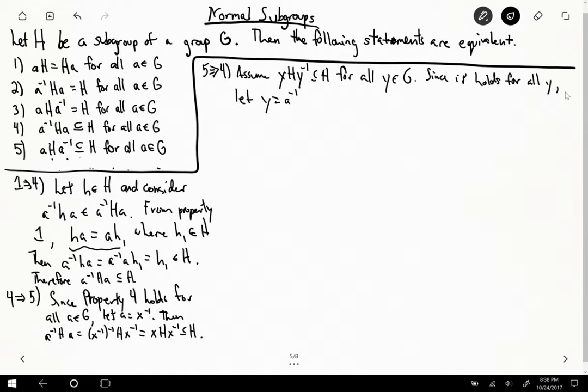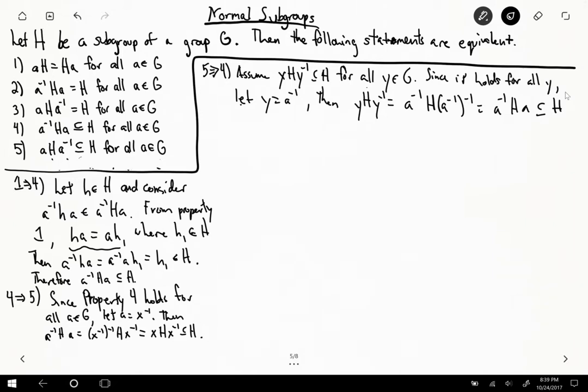Let Y equal A inverse, and then we have Y H Y inverse, and that's the same thing as A inverse H A inverse inverse, which is the same thing as A inverse H A, and we know that this has to be contained in H because the original is contained in H. Okay, and that's what we were looking for.